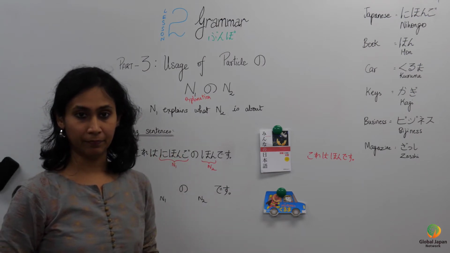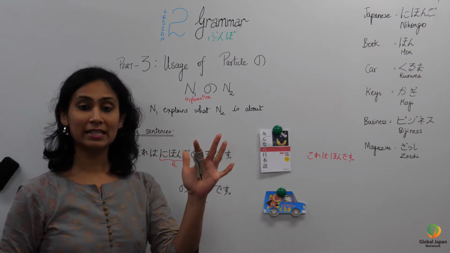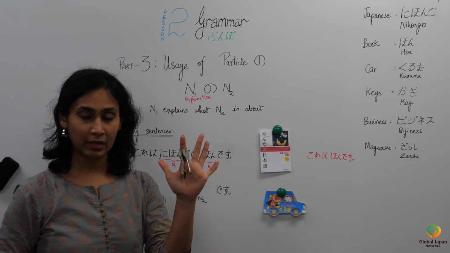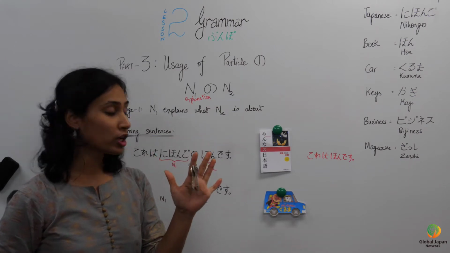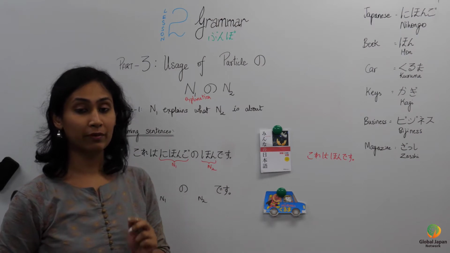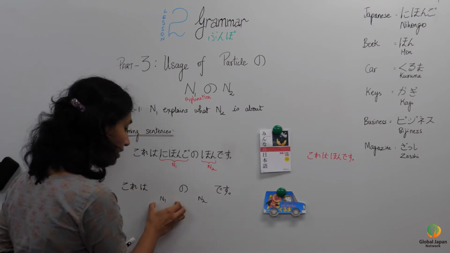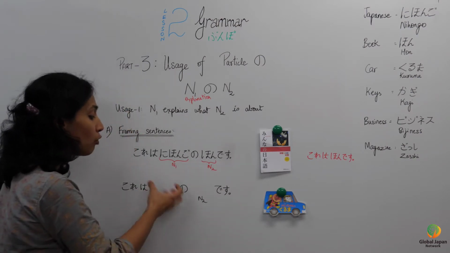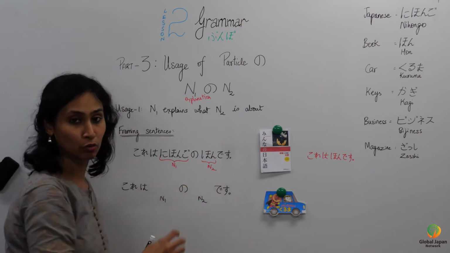The object is keys. Whether this object will come as N1 or N2, it will come as N2 because N1 is going to give some more information about N2.